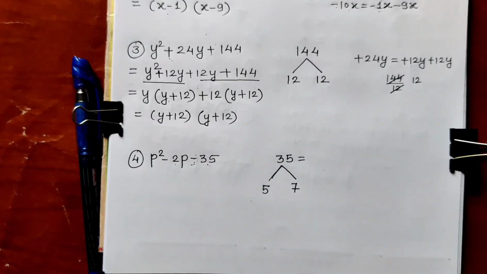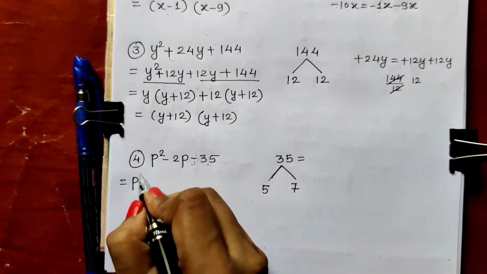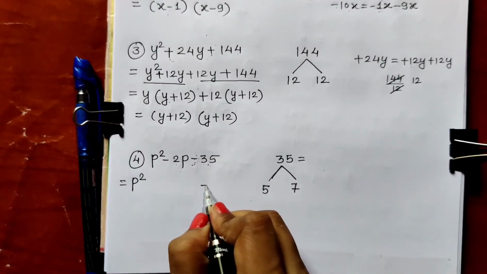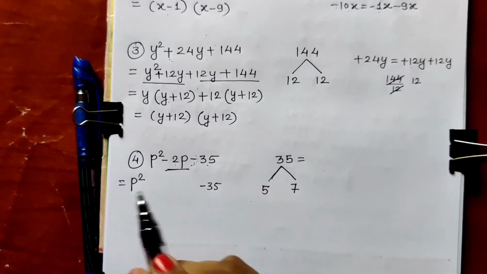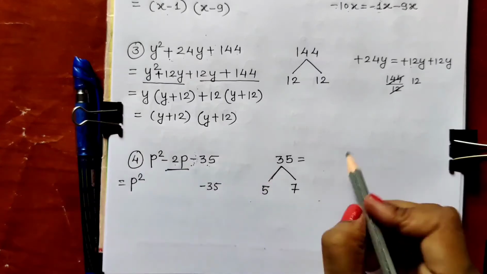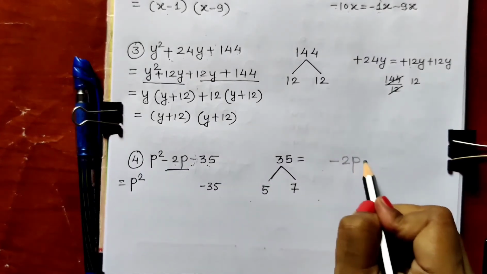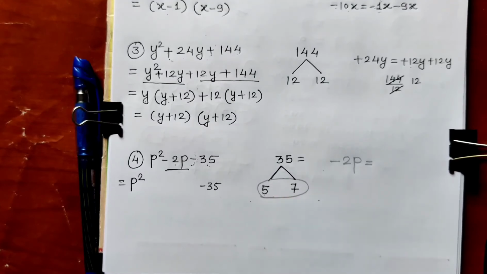Now let us write it. First term p square and last term minus 35 we write as it is. Only in place of this middle term we have to write two terms. We have to split the middle term. So minus 2p can be written by using these two factors 5 and 7.